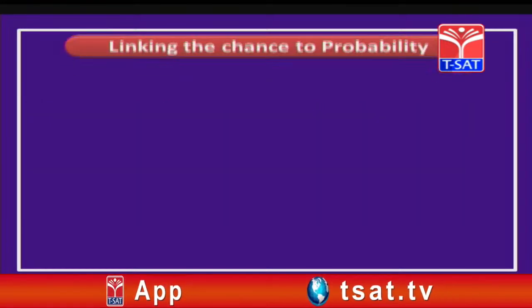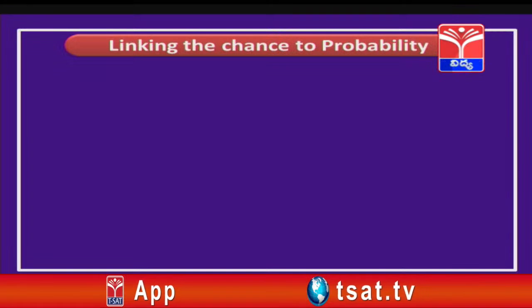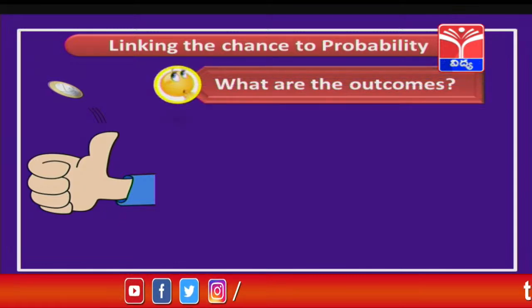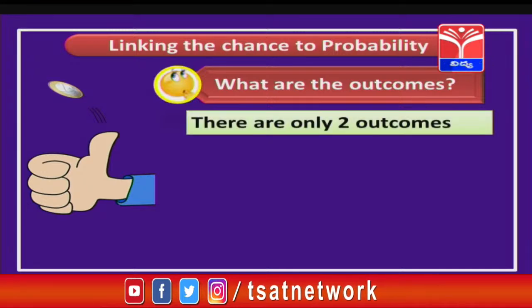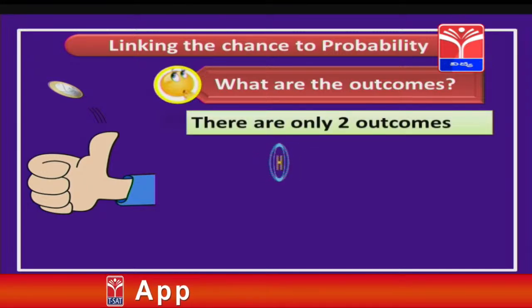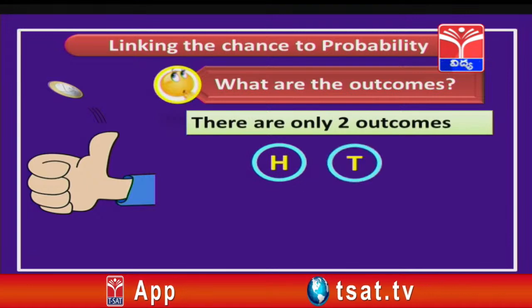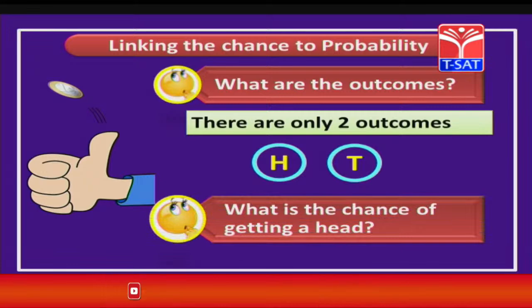Now, let us link chance to probability. When tossing a coin, what are the outcomes that we are going to get, children? Yes, there are only 2 outcomes: either you get a head or you get a tail, isn't it? Now, what is the chance of getting a head?